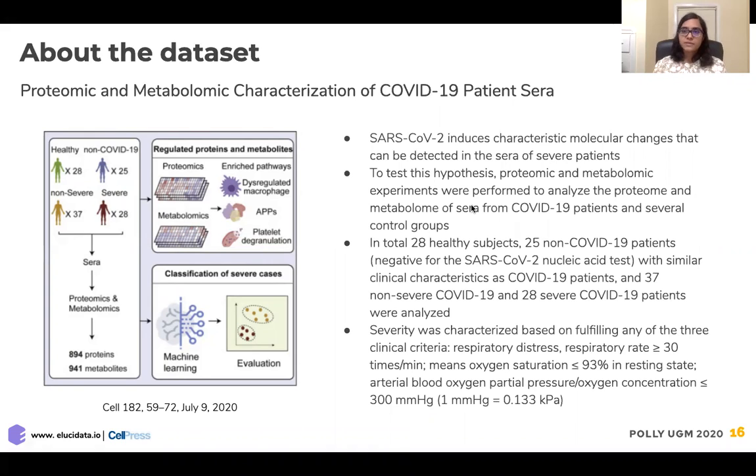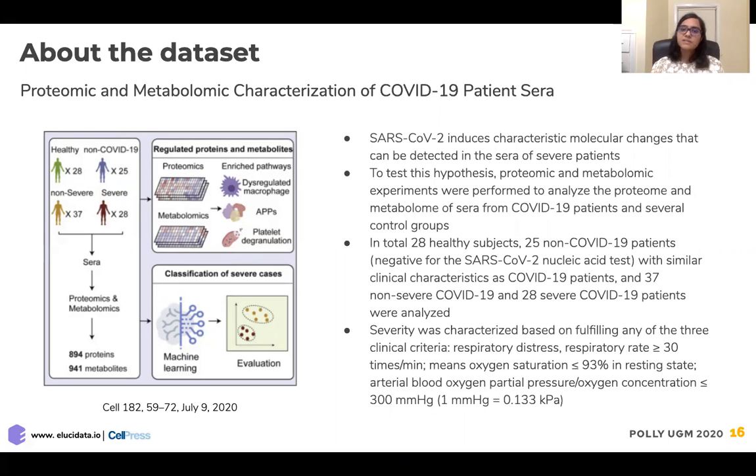There are 2 main data sets that we're going to talk about. One is a proteomic and metabolomic characterization of COVID-19 patients in blood serum. So in this particular data, there were 28 healthy subjects, 25 non-COVID-19 patients who had clinical symptoms similar to COVID-19 but tested negative.